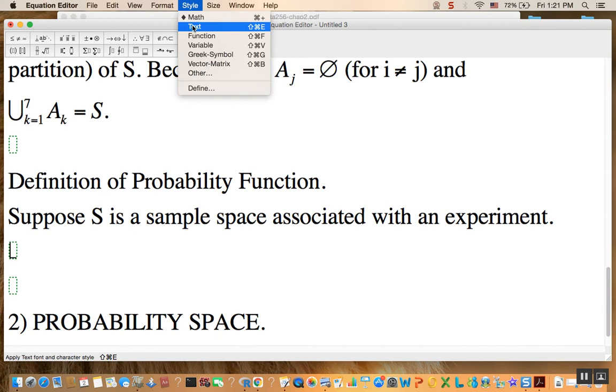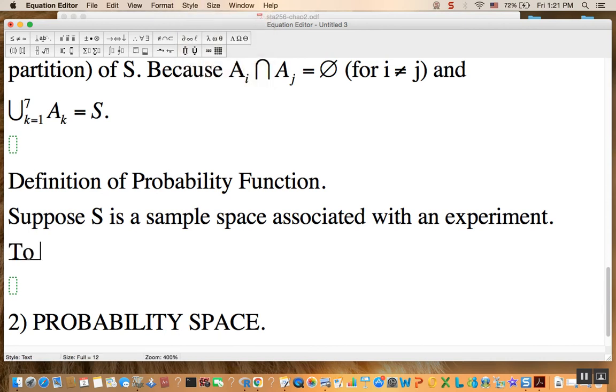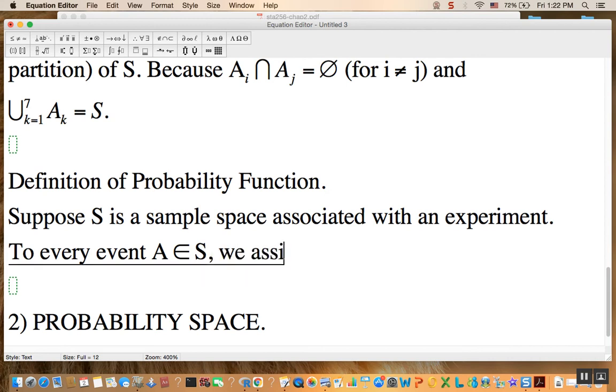To every event A in S, we assign a number.